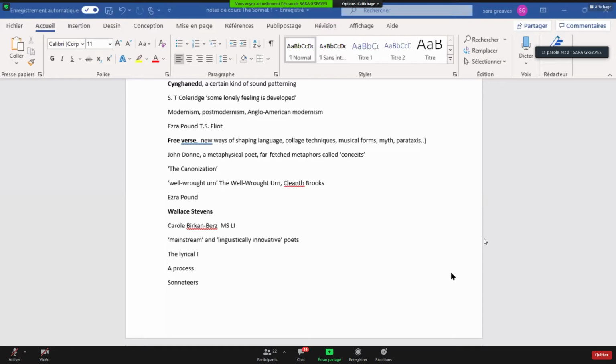So when the Elizabethans took on the Petrarchan sonnet, they continued in the same idealistic vein of celebratory love poetry, but they also began to ironize, to parody it from the outset.